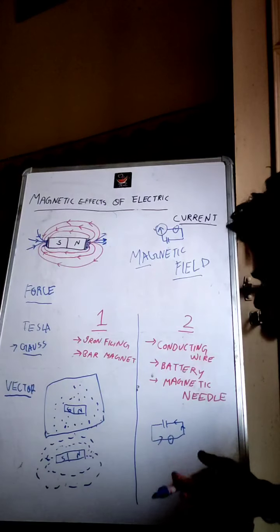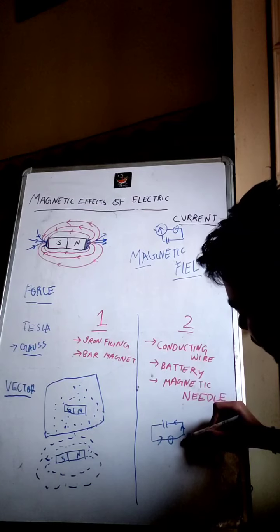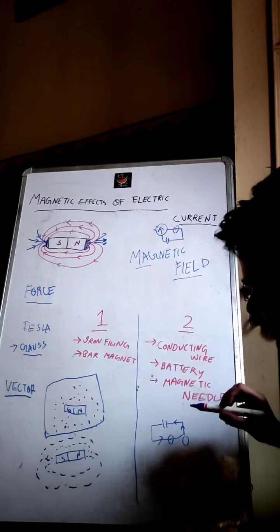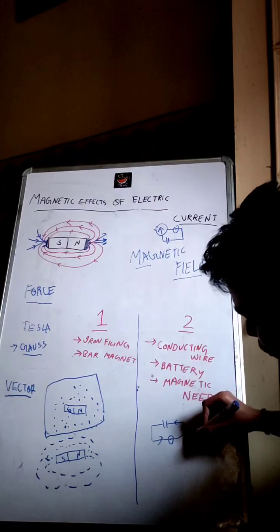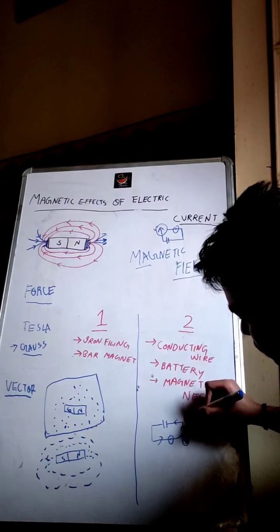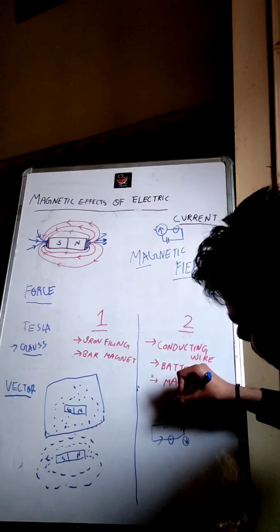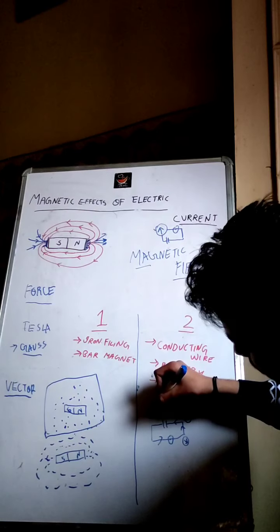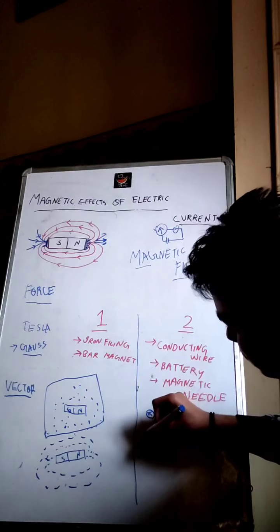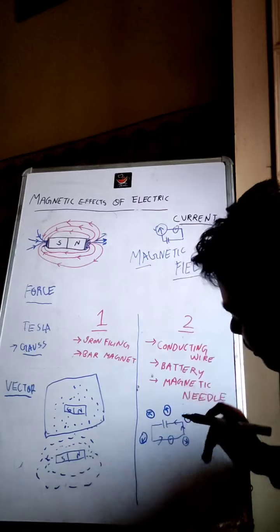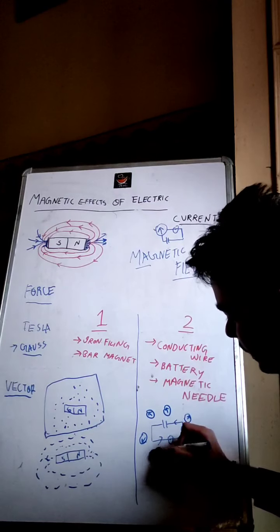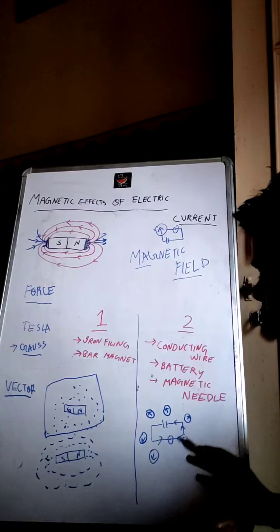Take a magnetic needle and put it around any point near the circuit. It will show some deflection, somewhat like this. This is showing the direction of the magnetic field around the circuit.